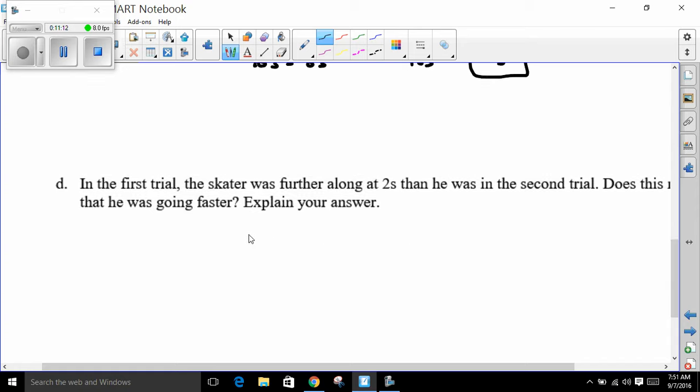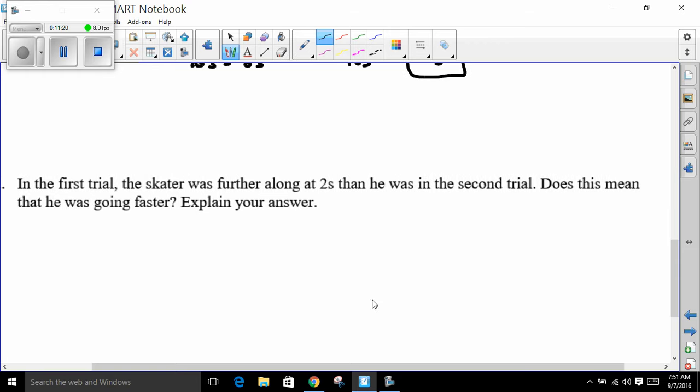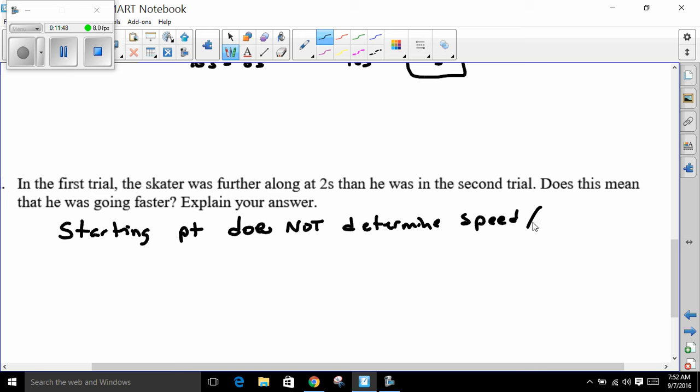So in the first trial, the skater was further along at 2 seconds than he was in the second trial. Does this mean that he's going faster? And explain your answer. Well, your starting point does not determine speed or velocity.